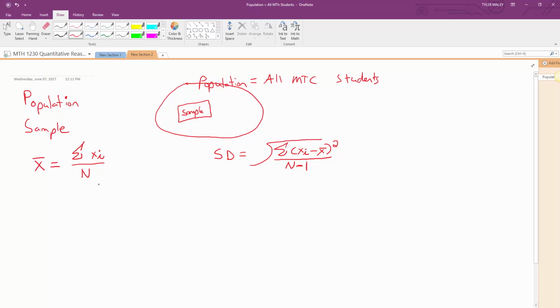I just wanted to talk about this notation a little bit.